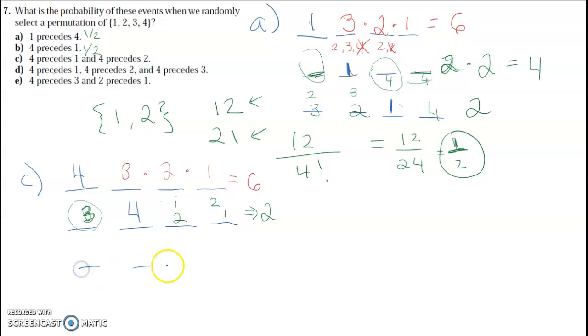The other cases wouldn't work because both 1 and 2 need to come after 4, but I don't have a space for that. So this does not exist. The total number of ways is 8 divided by the total, 4 factorial, which is 24. So the answer for C is 1/3.